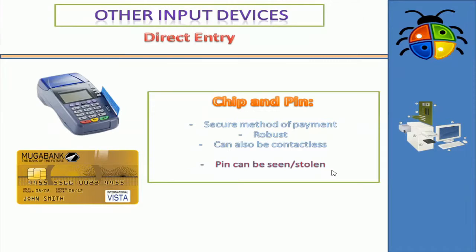If they see it, they can signal to someone else, a pickpocket that's waiting. They can pickpocket your card, and they already have the PIN, so they can access your information. So you do have to be careful with your PIN, of course. So that's maybe a way around it.